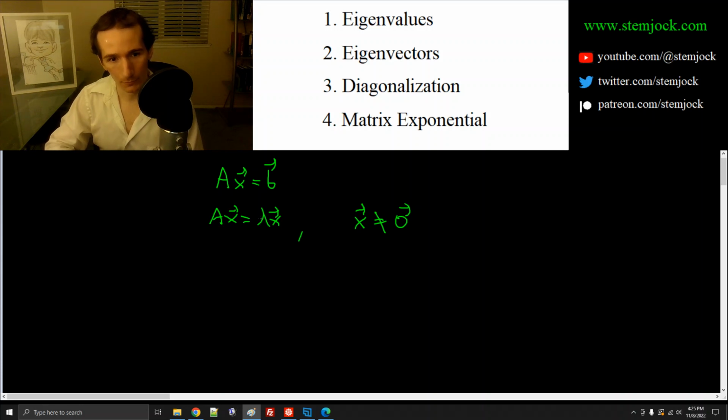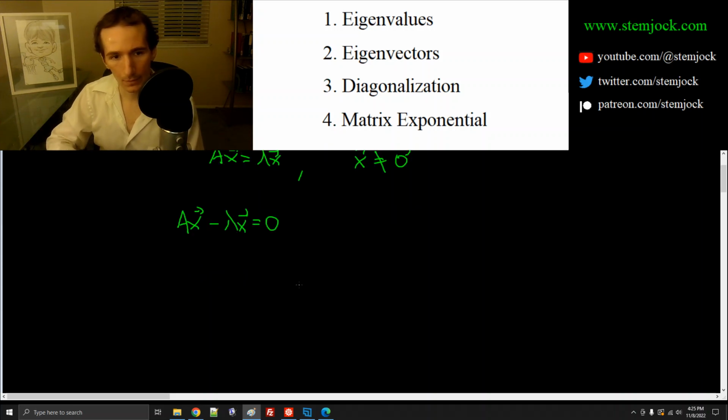So the way we go about solving for x and lambda, we bring the term on the right side to the left, and we get Ax minus lambda x equals 0. Both of these terms have the vector x in common, so I'm going to factor it. Oh, I'm sorry, this is the 0 vector.